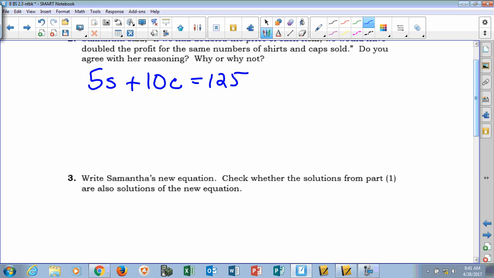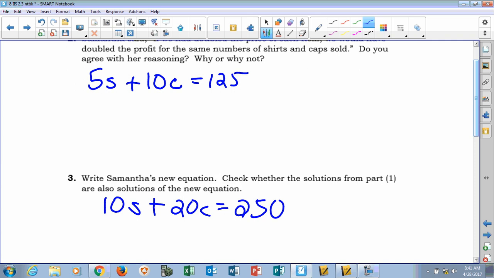We'd have to multiply this whole thing by 2. So what's 5s times 2? 10s. And then 10c times 2 is 20c equals what? 250. So yeah, if you doubled your price, we double our profit. Make a lot more money.